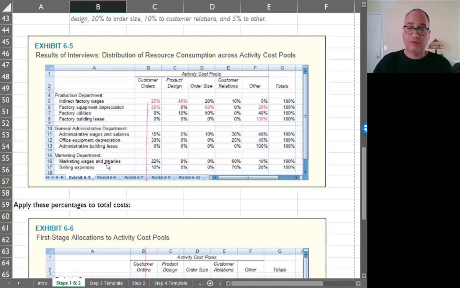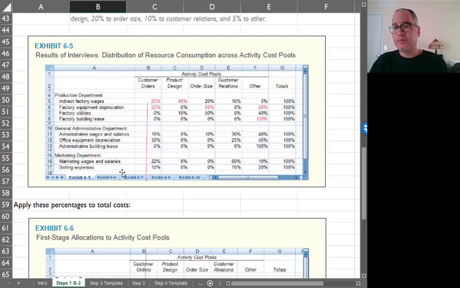One item is factory building lease. They've determined that the entire thing is other. Marketing wages and salaries is mostly customer relations, 60%. Selling expenses, 70% of that is customer relations.